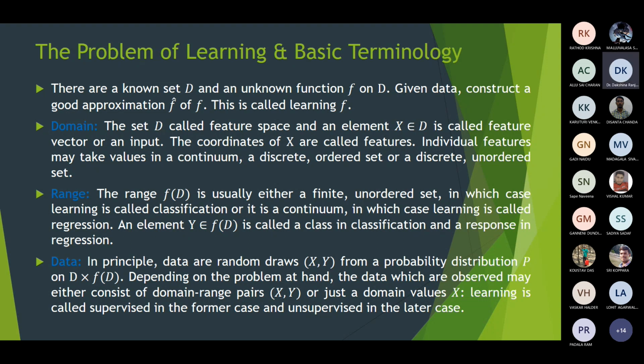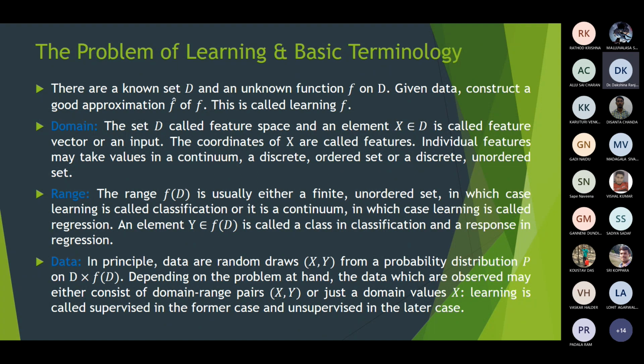Now when we have domain range pairs in our learning system, then this is called supervised learning. And in case only domain values are provided, then the learning strategy will be called unsupervised. So these two kinds of observed data can be used in either supervised or unsupervised learning.